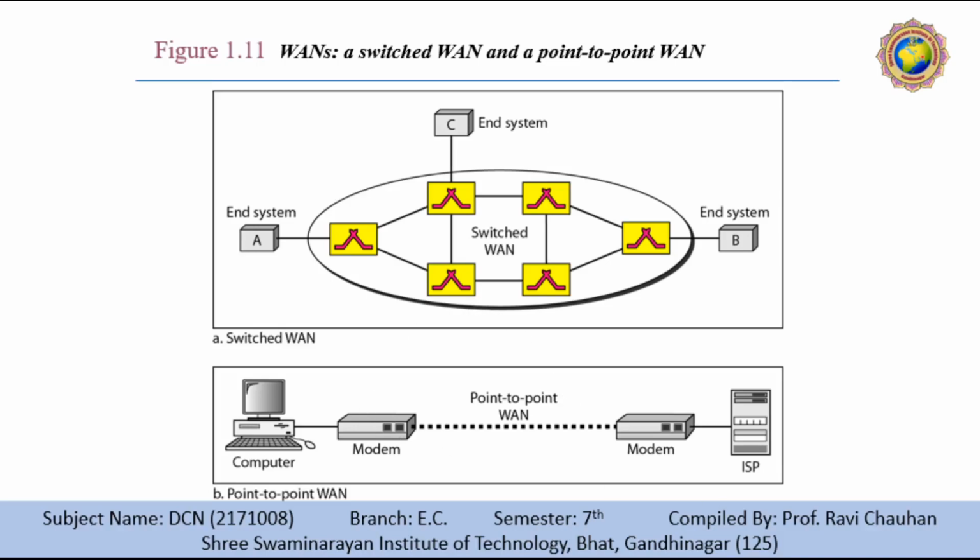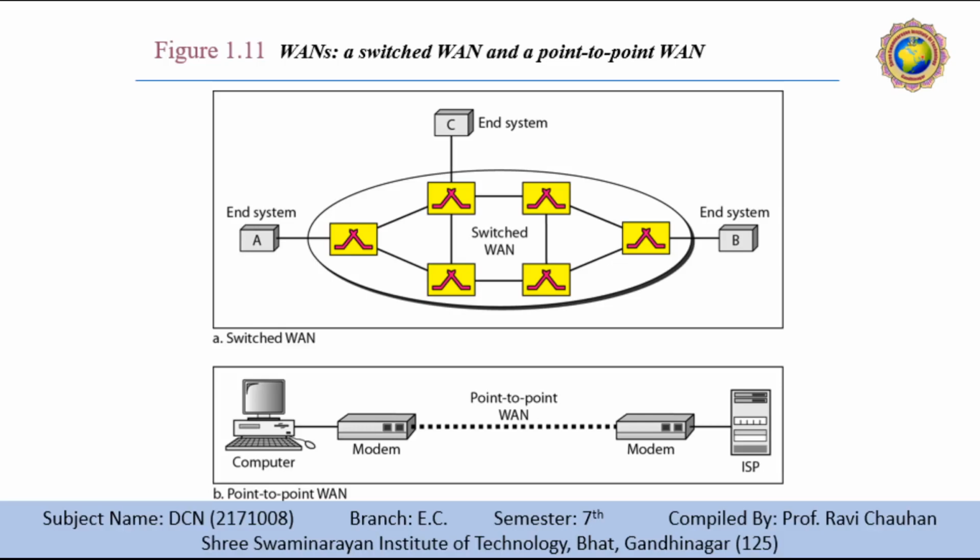As we can see in this figure, there are two figures mentioned, a switched WAN and a point-to-point WAN. In the first, the switched WAN, three end systems are connected with the switched WAN. A particular yellow box shows the switch diagram or switch symbol.